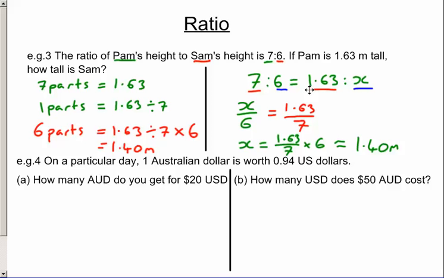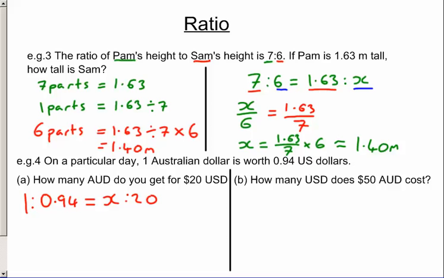On a particular day, 1 Australian dollar is worth 0.94 US dollars. How many Australian dollars do we get for 20 US dollars? Well, here we have 1 Australian dollar for 0.94 US dollars, and we want to know how many Australian dollars for 20.